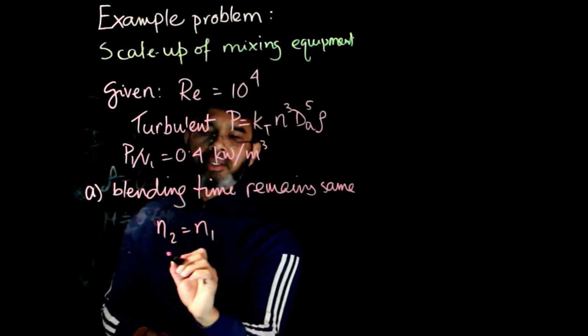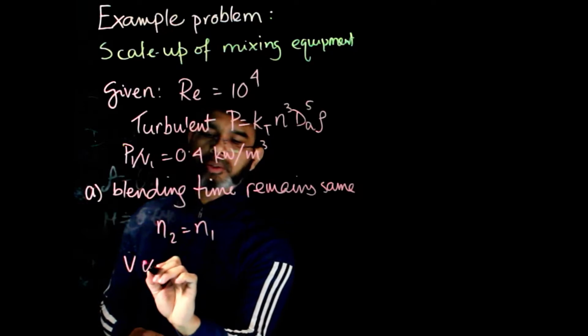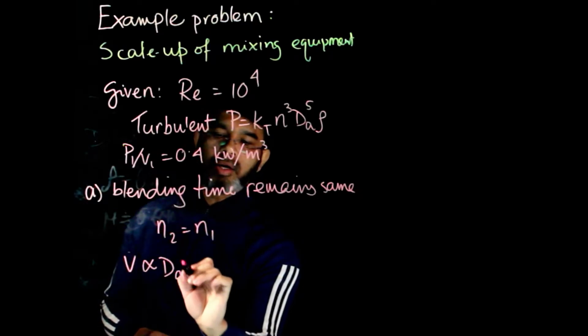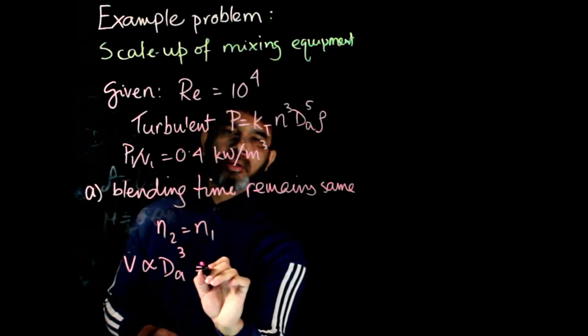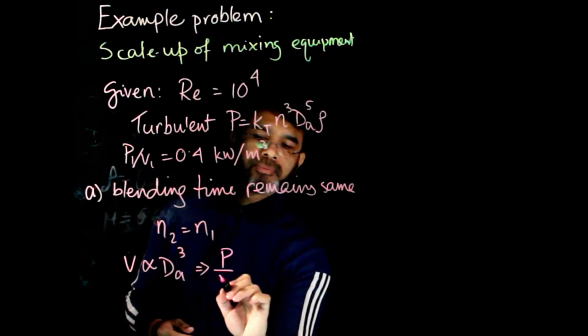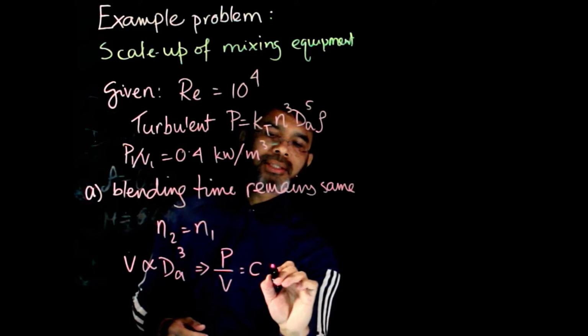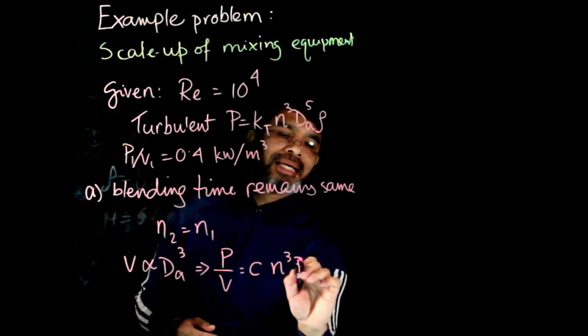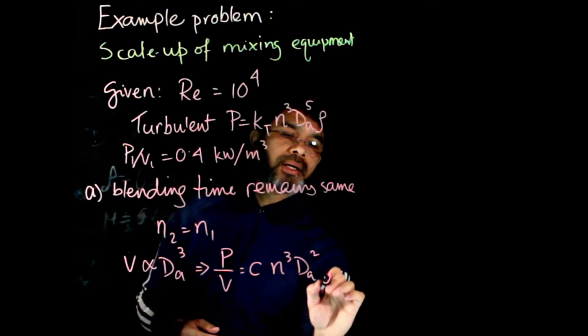Now we know that V is proportional to dA cube. So if we plug in there, we'll get P over V to be some constant times N cube dA square rho.